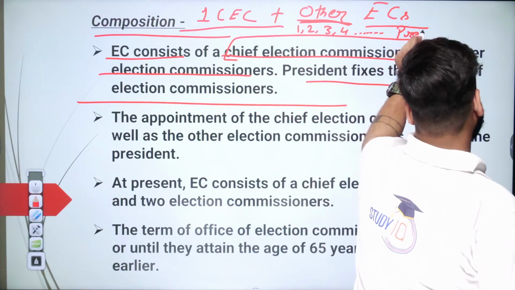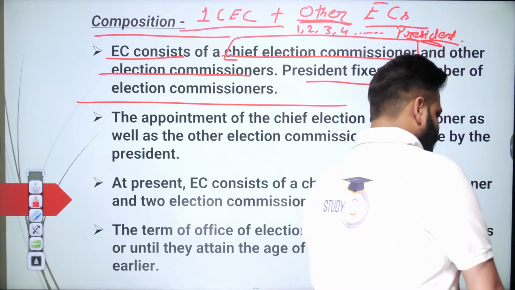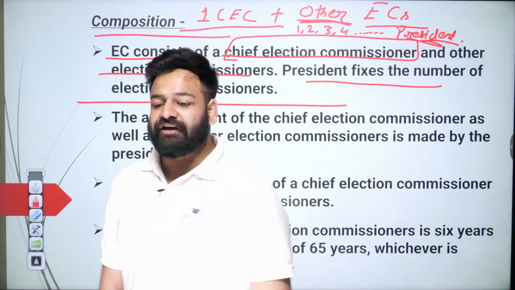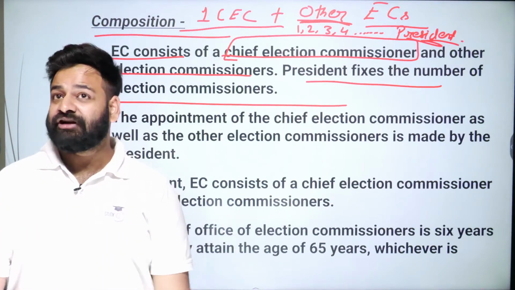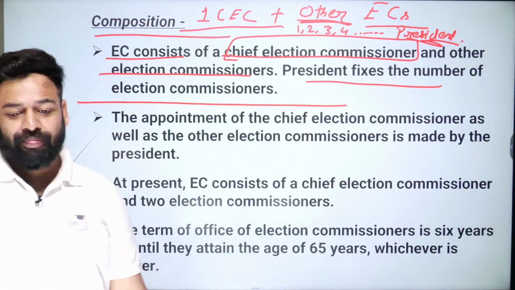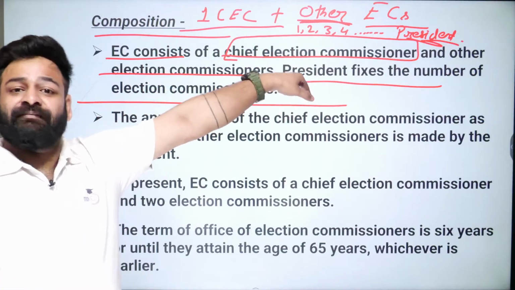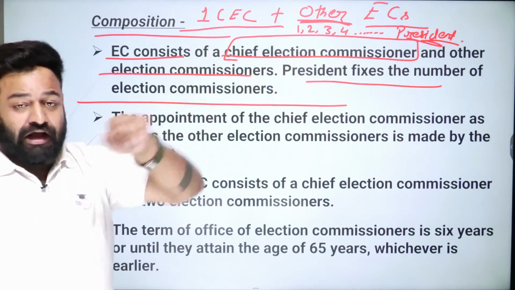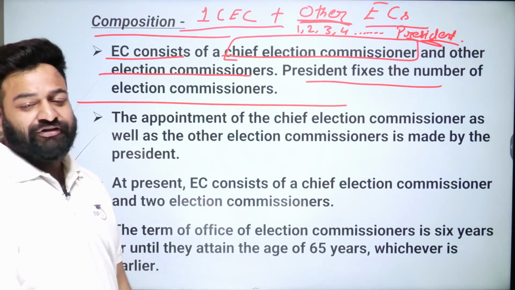It will be the President of India. So technically, we do not have any fixed number of membership. What is there? One Chief Election Commissioner assisted by other election commissioners. How many of them? It could be 1, 2, whatsoever. And who is the deciding authority?